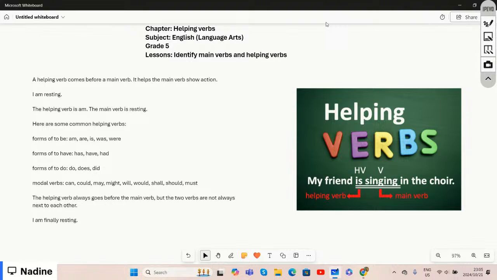All right. So our chapter is helping verbs, and we're going to identify main verbs and helping verbs.